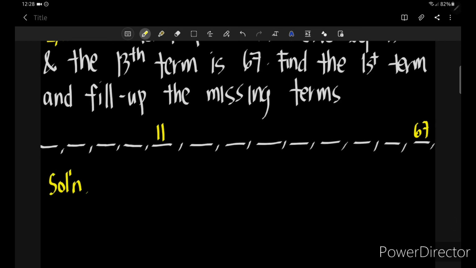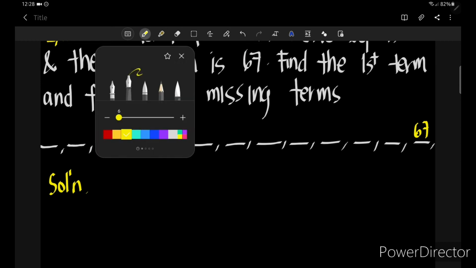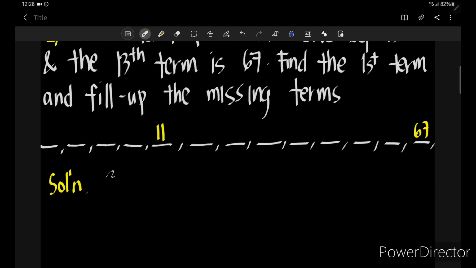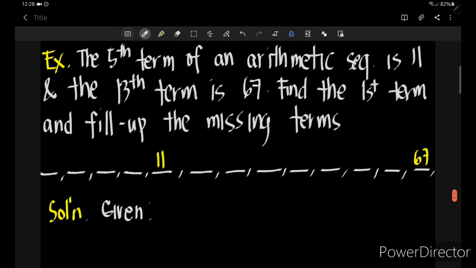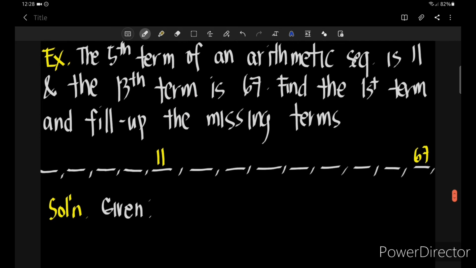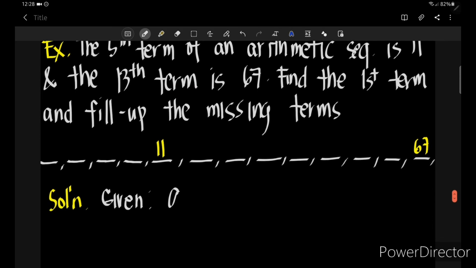Okay. First, list muna natin yung mga given values. Halimbawa, ito given. Fifth term is 11. So, a sub 5 is 11. And here, the value of n is 5.